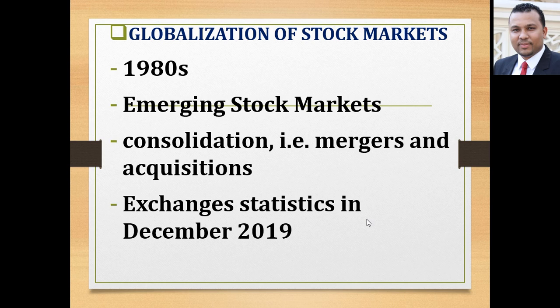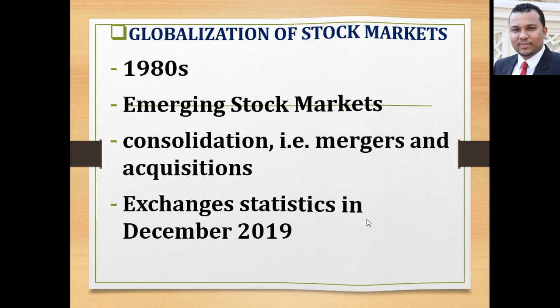Number two, value of share trading about 7 trillion US dollars. Listed companies around the world equal 53,827. Number of traders about 2 billion, who can access international stock markets around the world.